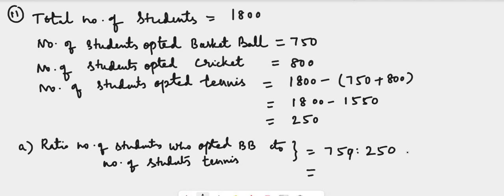So both end with zeros and 25 table 3 is 1. This is the ratio of number of students who opted basketball to number of students tennis.